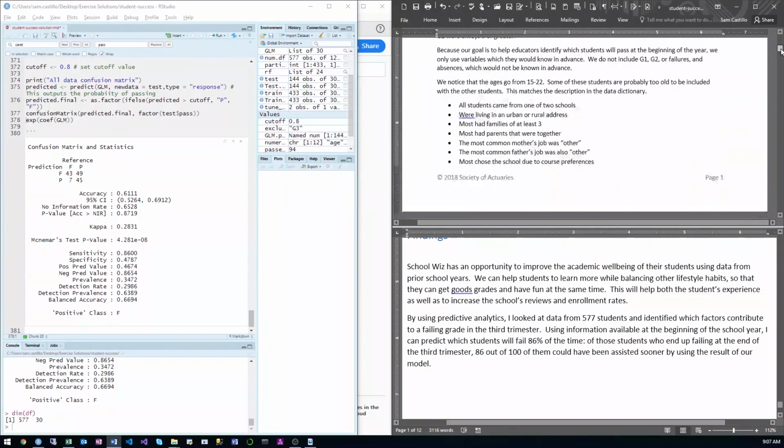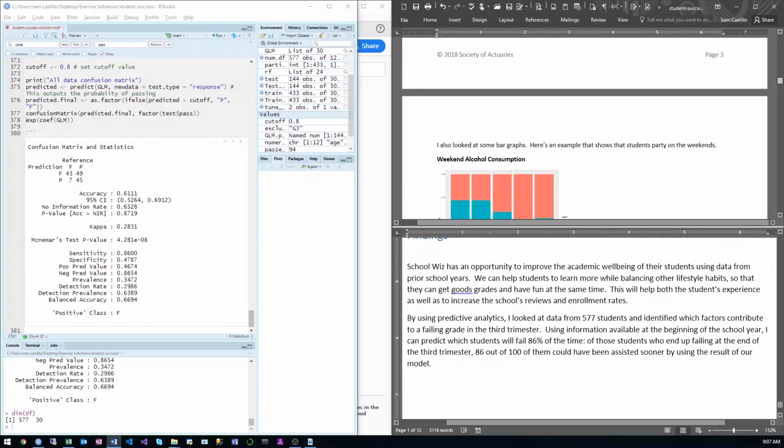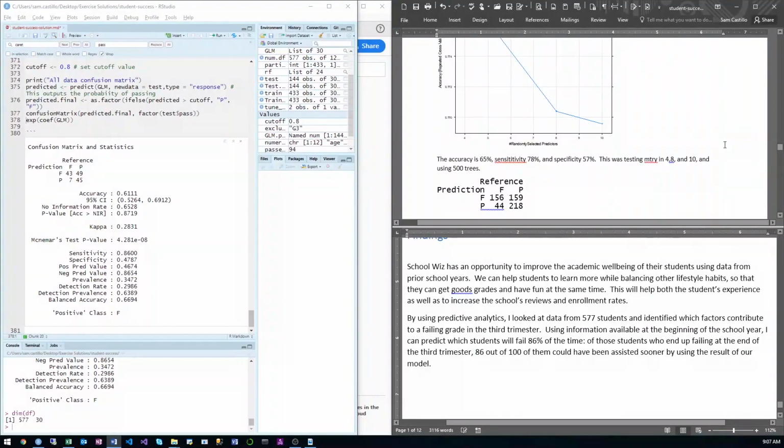Now I just want to go through and note what those factors were. So I'll go right to the variable importance. I think that's a good place to start.